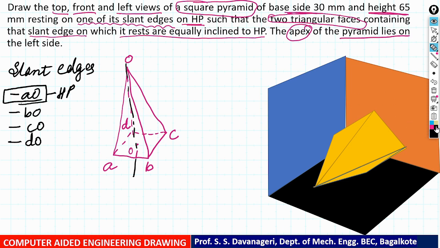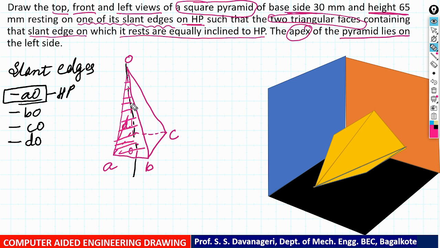Now the adjacent triangular faces related to the AO slant edge. You just observe, you get one triangular surface here, and exactly behind you are going to get one more.